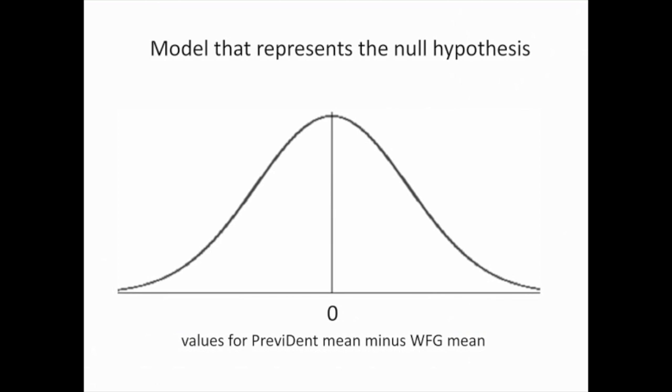This is the model that represents the null hypothesis, and the researcher hopes to reject it, thereby supporting her research hypothesis. The further away her results are from 0, in the positive direction, the more likely she is to reject the null hypothesis. She's only looking in the upper half of the distribution because her research hypothesis is that Prevident results in better remineralization.